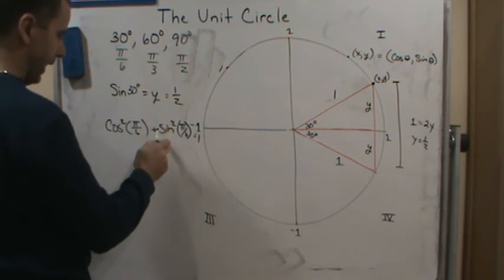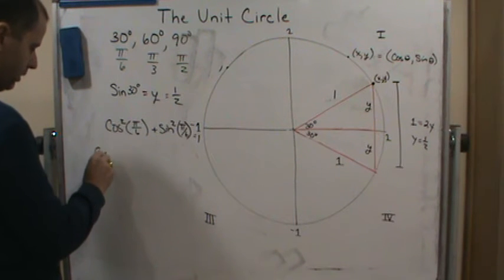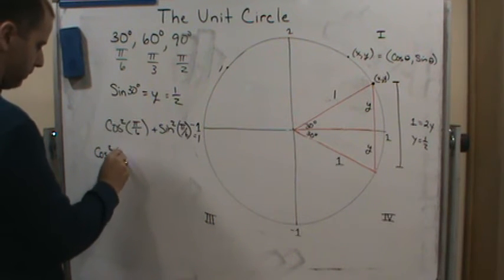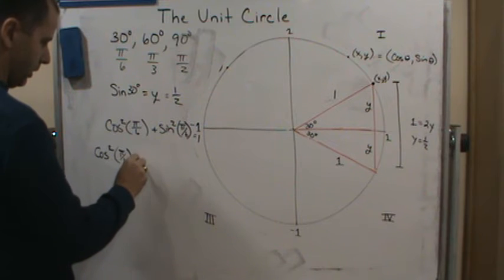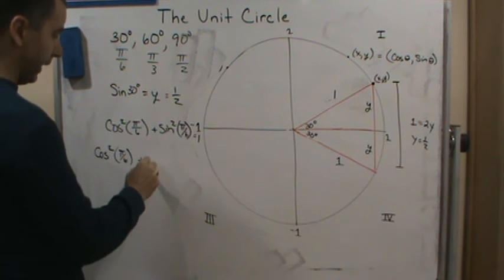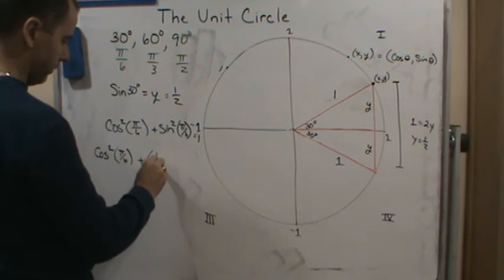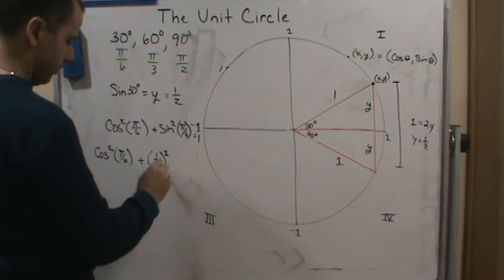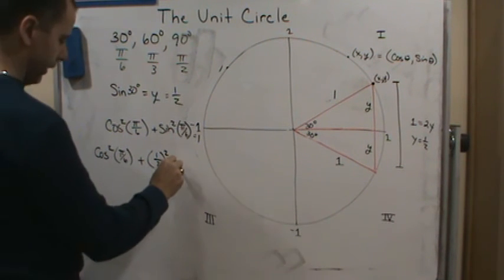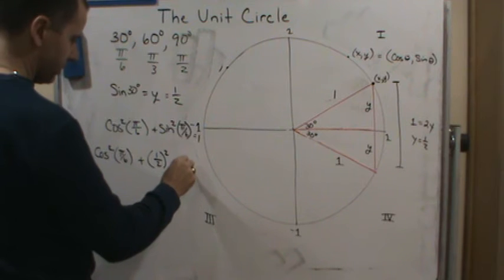And this is equal to 1/2, so this is going to be cosine squared pi over 6 plus 1/2 squared, which is going to give us 1/4, and so this is going to equal 1.